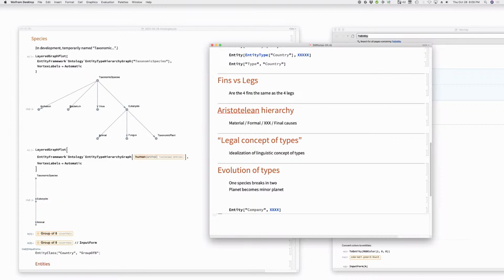And maybe there will be an issue along those lines in these type hierarchies. I could imagine something where you say, find me a path in the type hierarchy that leads me to entities which have wing properties.